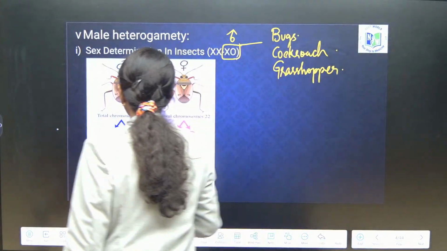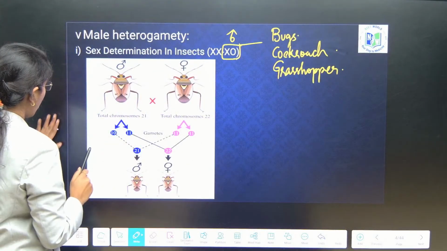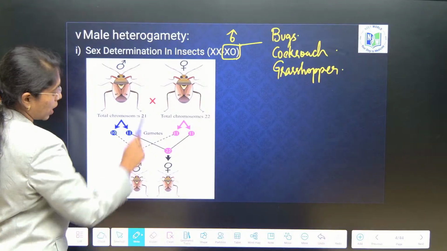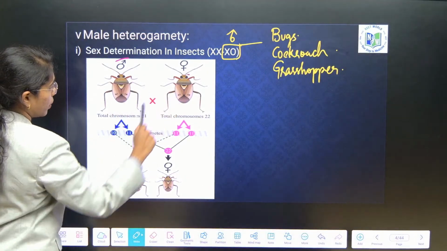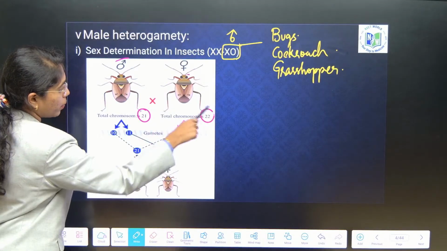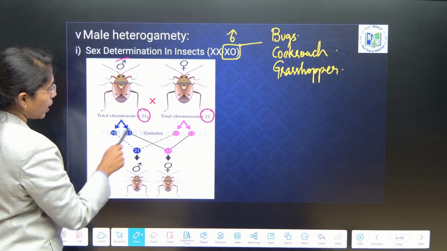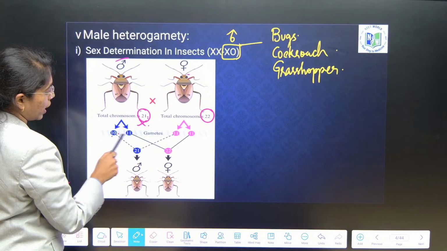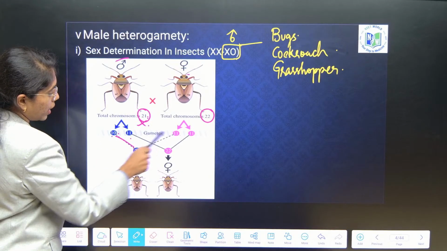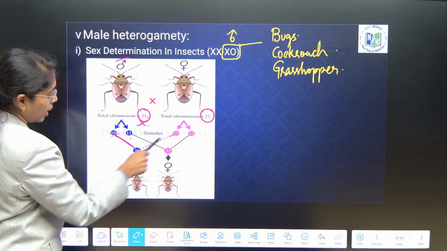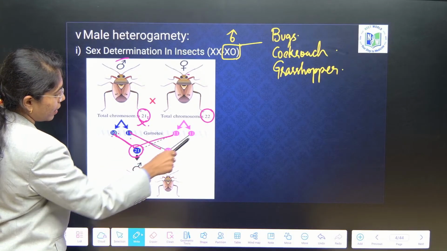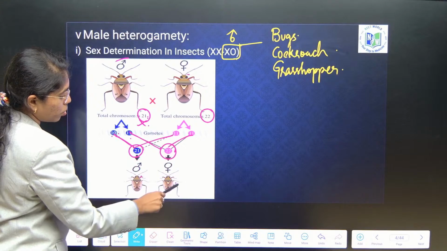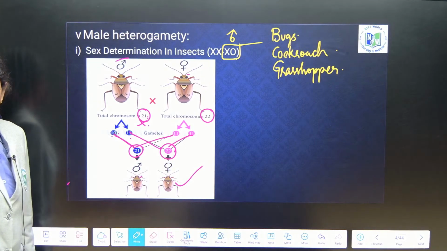Can you see here? Total how many chromosomes? Male and female: here 22, here only 21, absence of one chromosome. Gametes are 10 and 11, total 21 chromosomes in male; 11 and 11, total 22 in the female set.